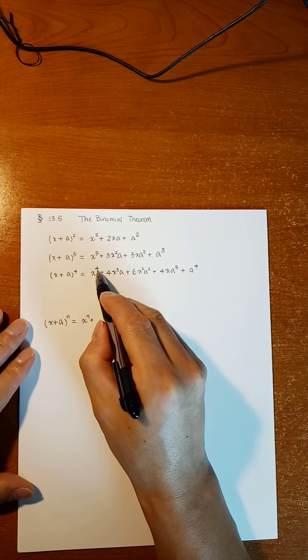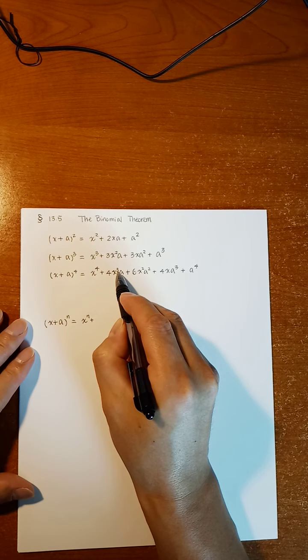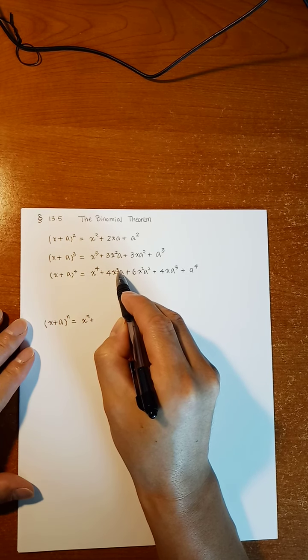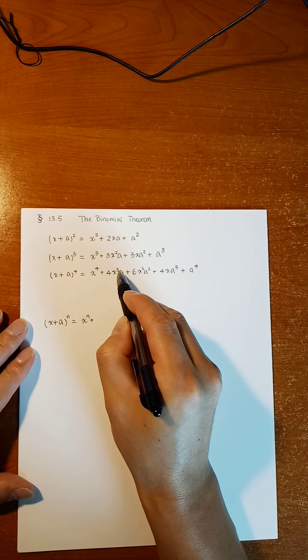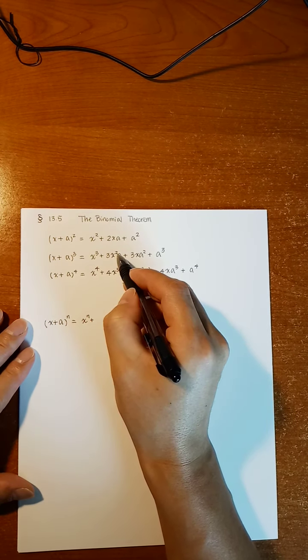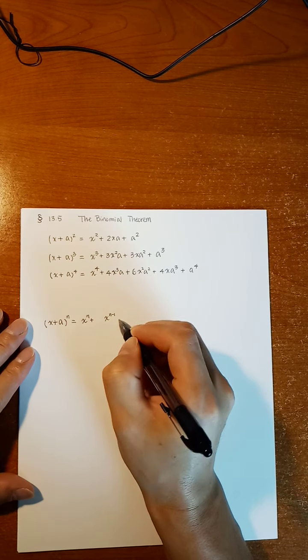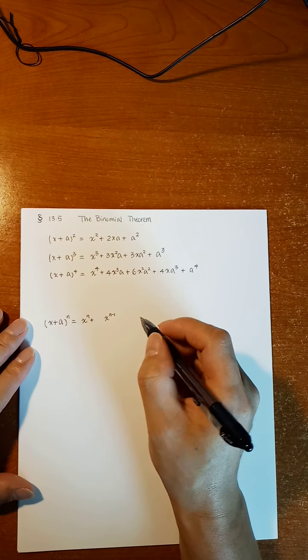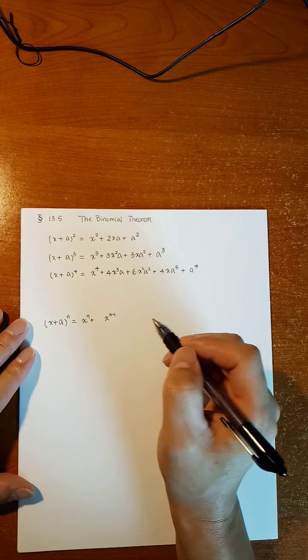You see, x to the fourth power, x cubed. The degree becomes the next smaller integer. Here, x cubed, x squared. So the next term must contain x to the power of n minus 1. You just subtract 1 from n.